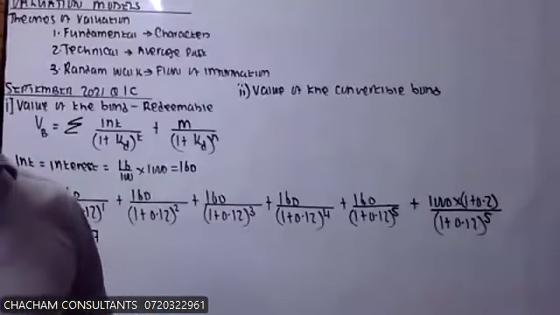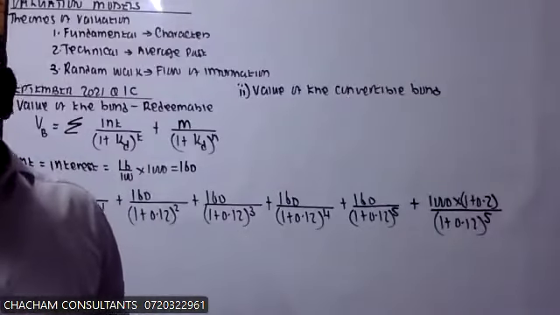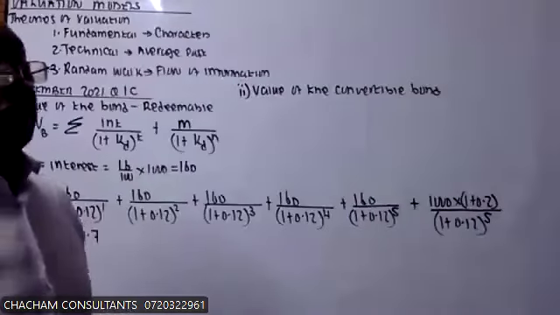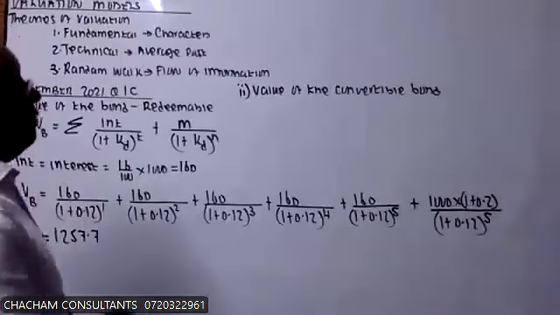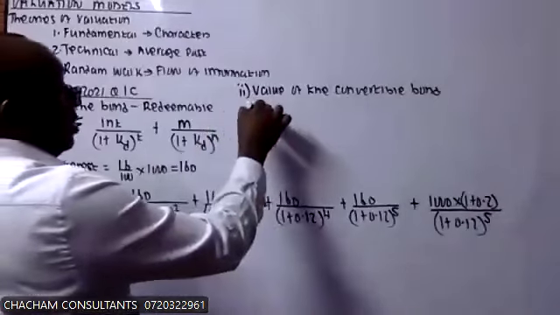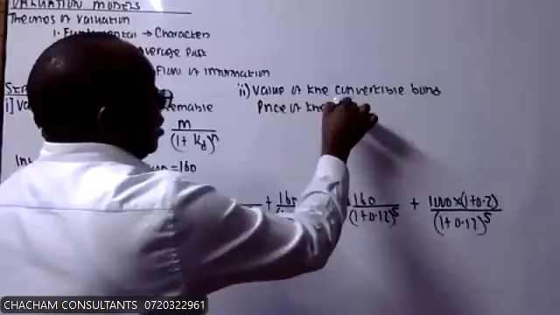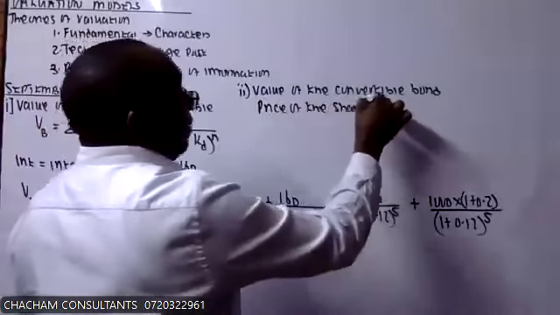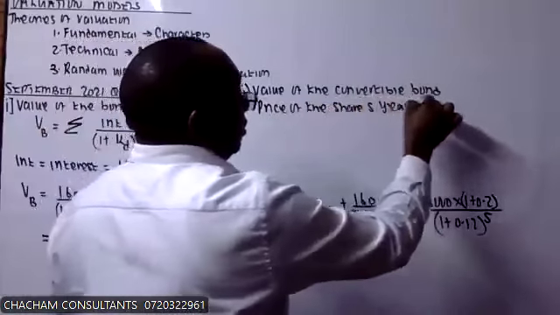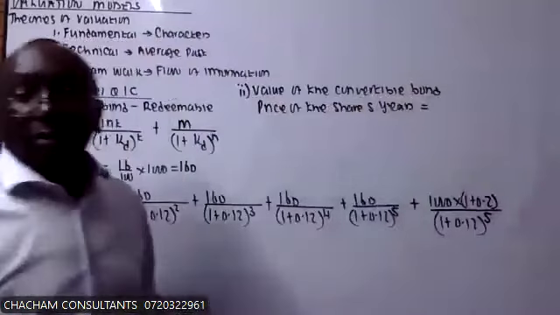So the convertible, we will give them shares. So you can get the price of the share 5 years from now.